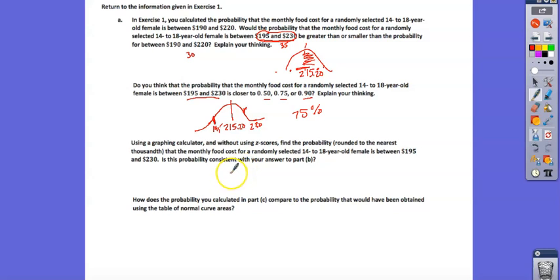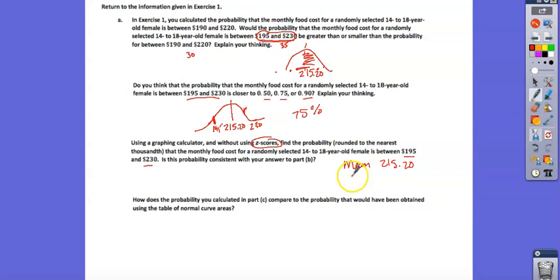Okay, now if you used your graphing calculator without using the z-scores, that's the same thing as using my online function. I would go put it in there, and I would have to know that it's between 195 and 230. I have to know my mean. My mean was 215.20.